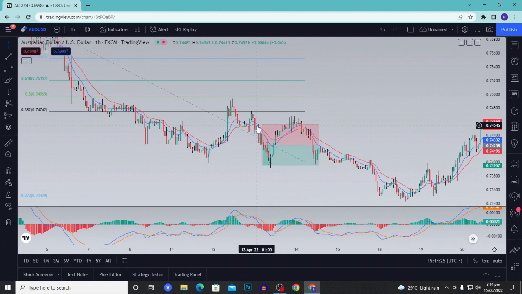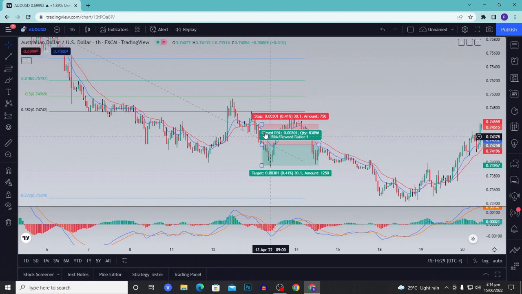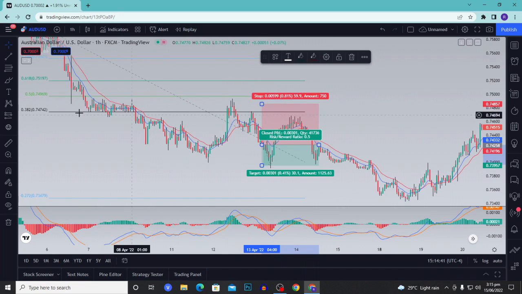And as you can see, since we're looking for sells, we want the 20 exponential moving average, the red, to be above the 10 exponential moving average, the blue. And since we entered below the 0.382, we can put our stop loss at 2 points.